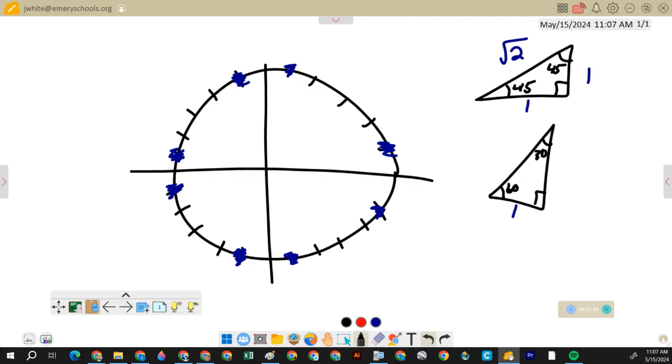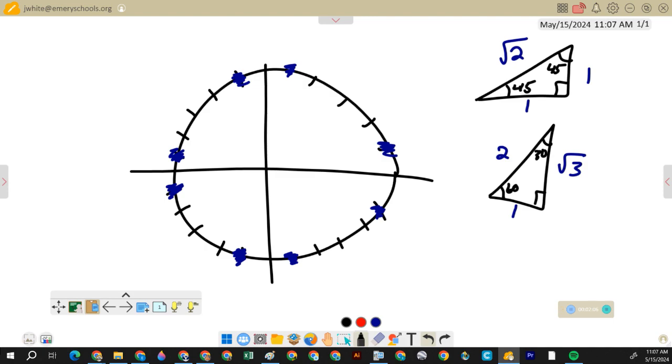And then the short side of this triangle was a 1, and the hypotenuse was 2, which meant that the other leg was root 3.